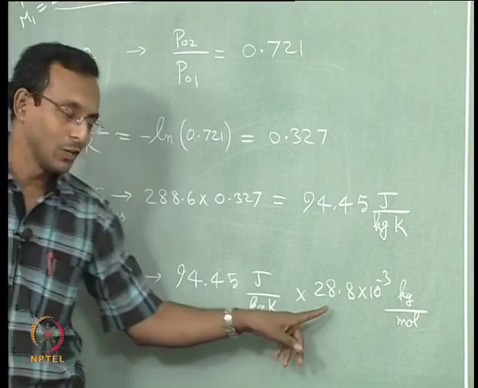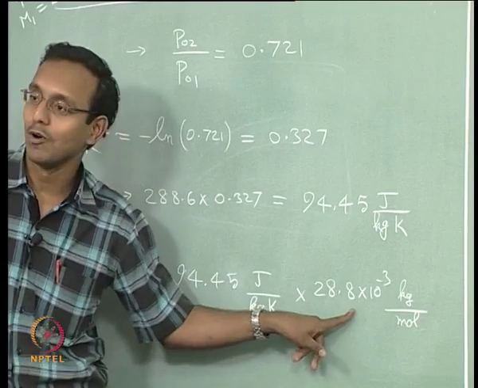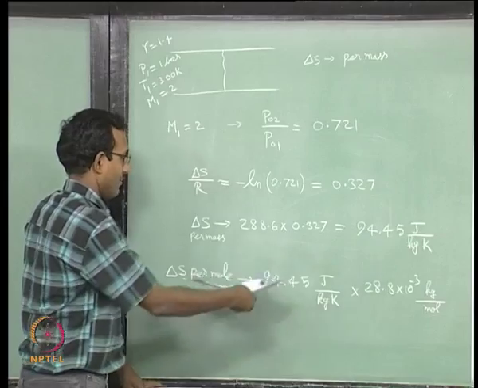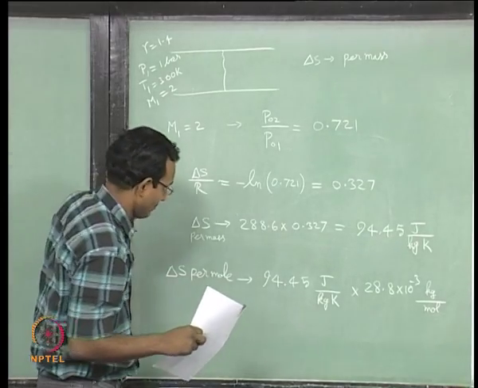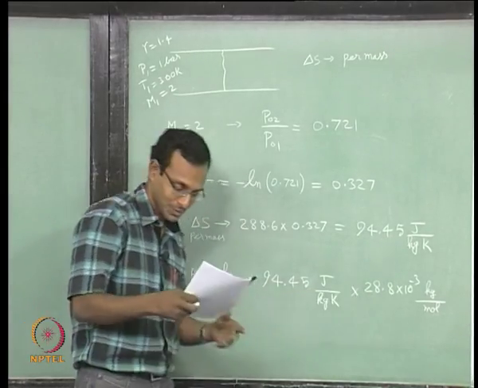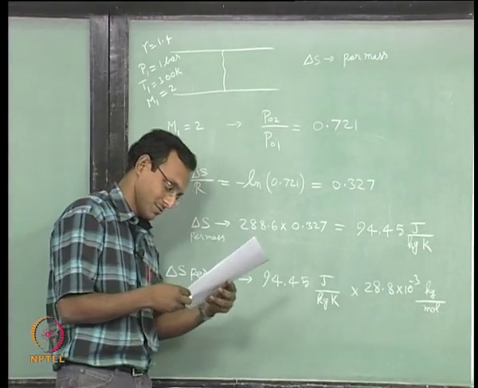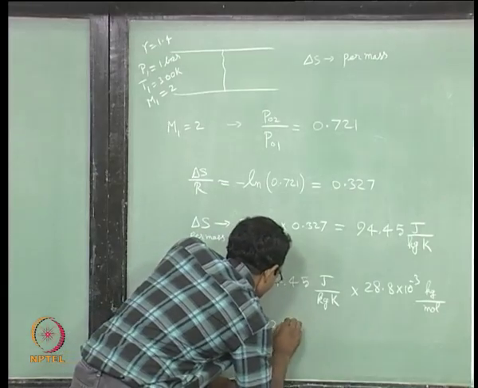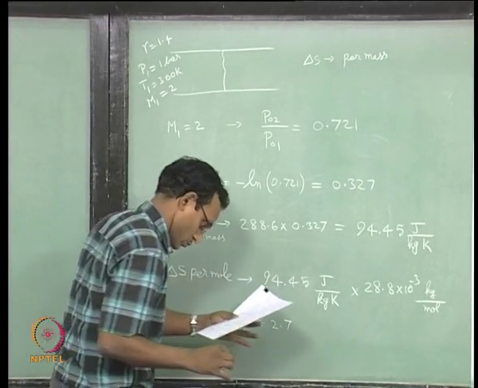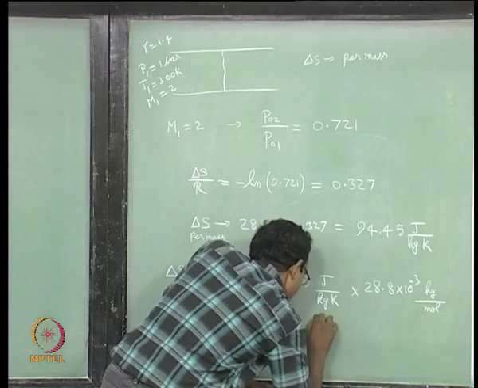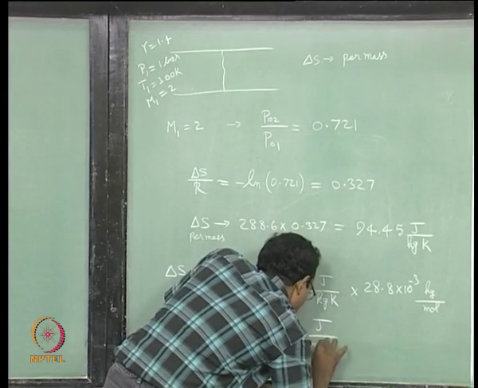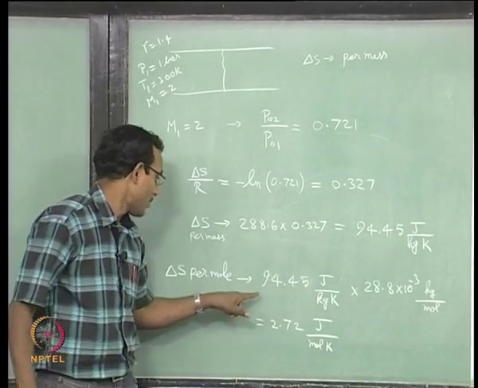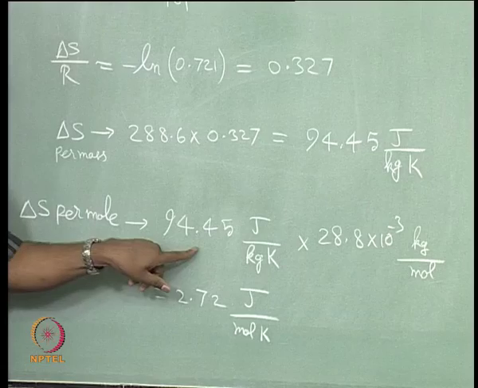Of course, you should know that the molecular weight of air is 28.8 grams per mole. I have rewritten it like this. If I do this multiplication, I get roughly 2.72 joules per mole Kelvin.